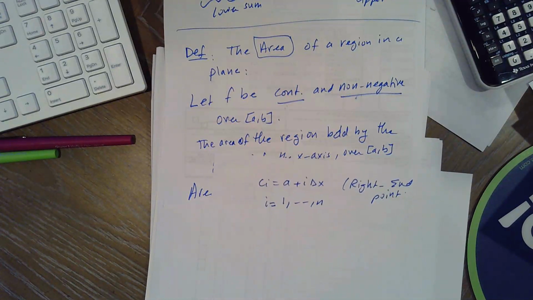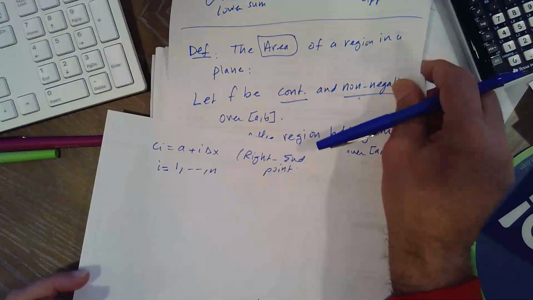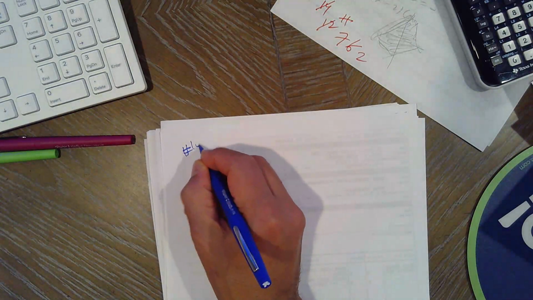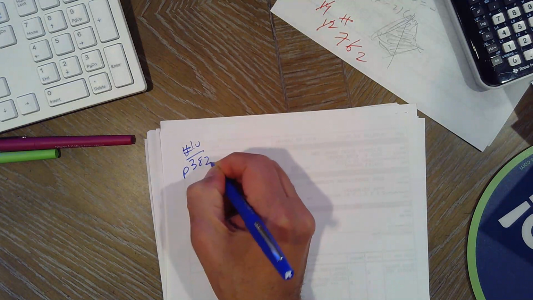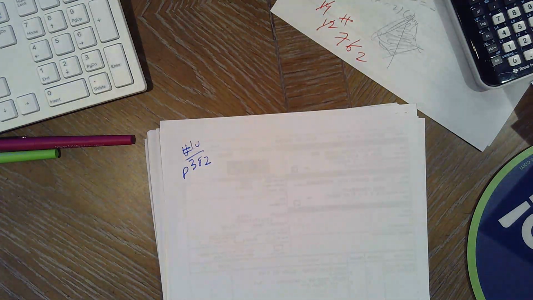Now on page 6, number 10, page 382. Let's see what's in there. It says, the table shows speedometer readings at 10-second intervals during a 1-minute period for a car racing at the Daytona International Speedway in Florida.